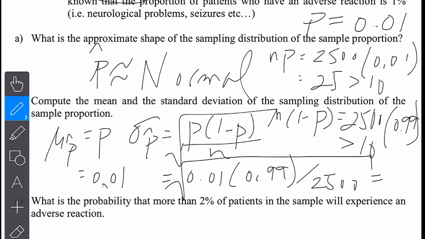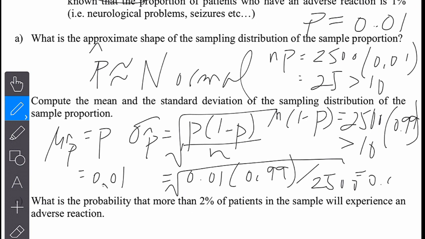Times 0.99 divided by 2500 square root. So, 0.0020. I'll have to round it. Otherwise you keep 4 decimal places.